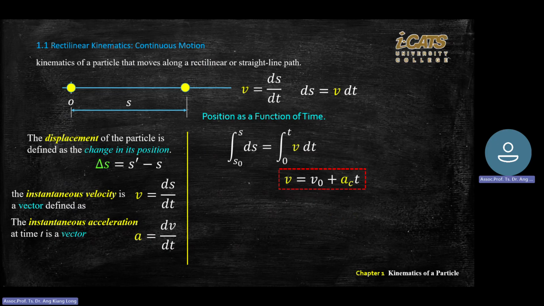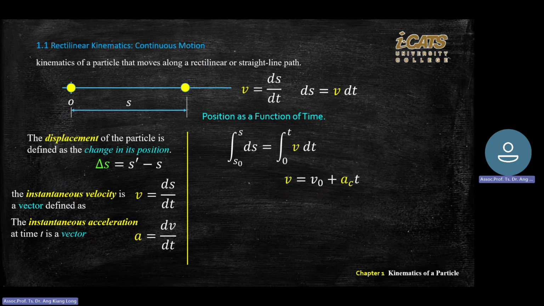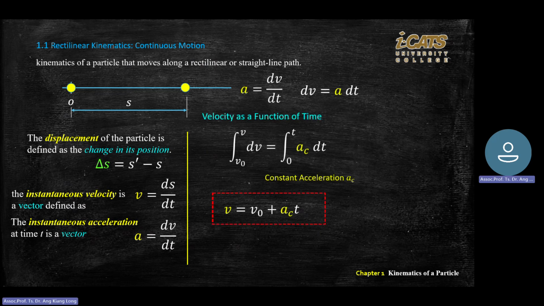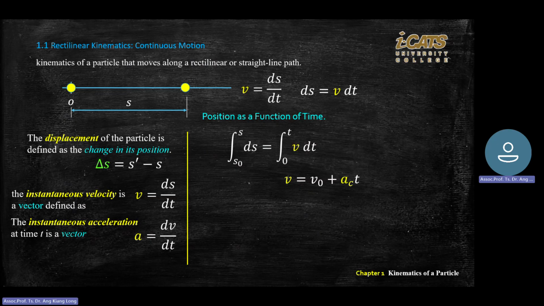Okay, maybe I move a bit fast. Okay, this is the previous one. So if you do the same, how do you arrive at this one? Actually, you rewrite the equation.